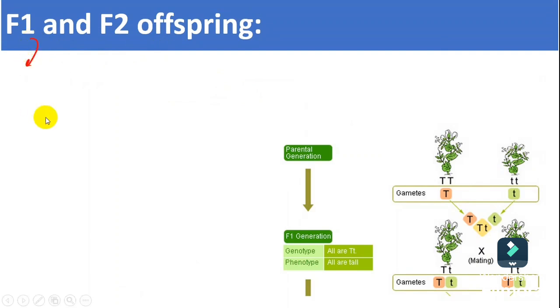F1 is the first result or the first product of the male and the female. For example, if we have a yellow plant mating or crossing with a green plant, the resulting one is called the offspring. So F1 is the first generation offspring and F2 is the second generation offspring.